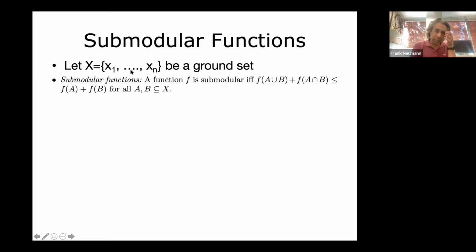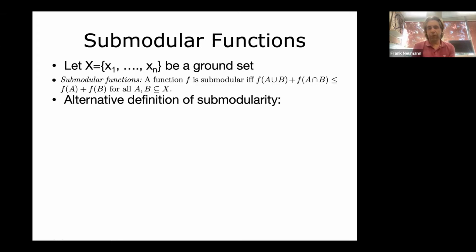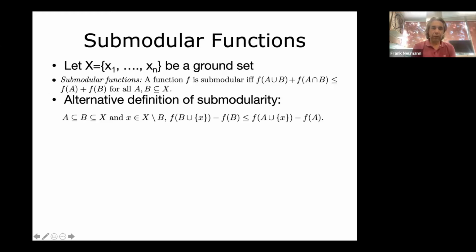For me, it's easier to deal with an equivalent formulation of submodularity, and that is the following. You look at a set A that is a subset or equal of B, where B is a subset or equal of your ground set.